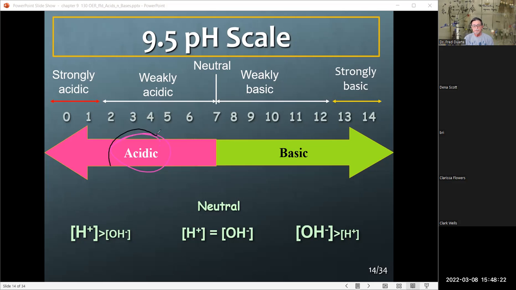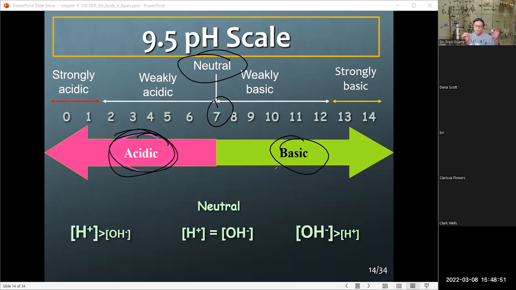Okay, something that's acidic, which is in the arrow starting at 7. 7 is classified as neutral. And I'll define it a little bit further here in a bit. So 7 is neutral, okay? So anything less than 7 with respect to a pH value is classified as acidic. And anything greater than 7 is classified as basic.